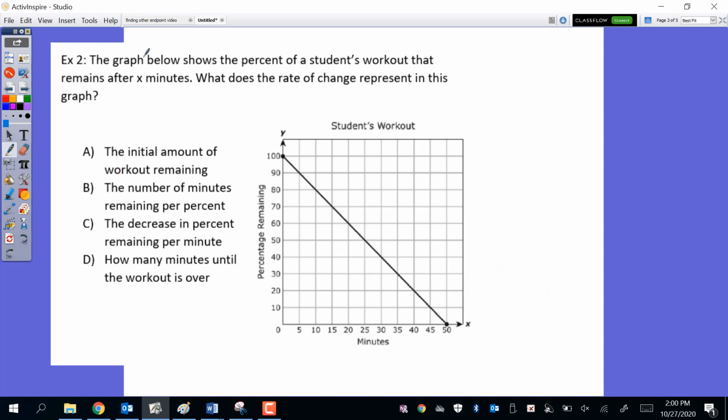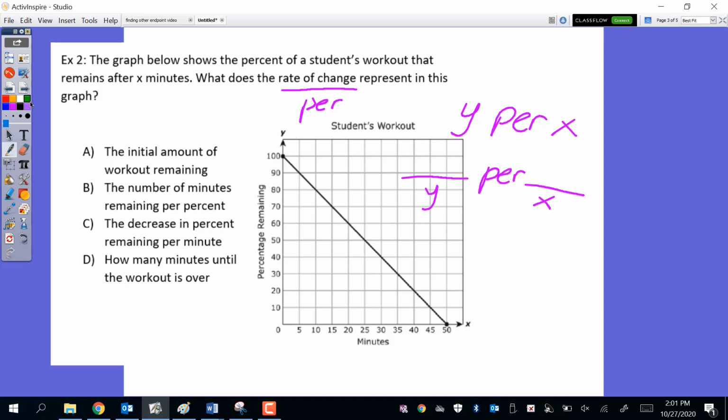This is new. So it says the graph shows the percent of a student's workout that remains after x minutes. What does the rate of change represent in this graph? So when I see rate of change and it wants to know what it means, I'm going to put per. Okay, and we're talking about y per x. So I'm going to write this down. So in my graph, what was labeled on the y-axis?